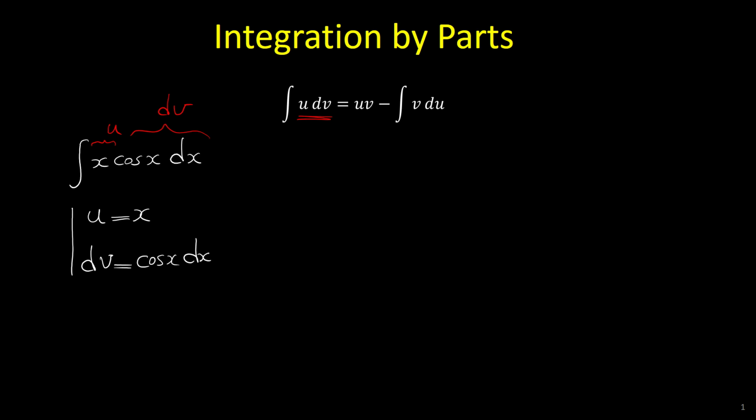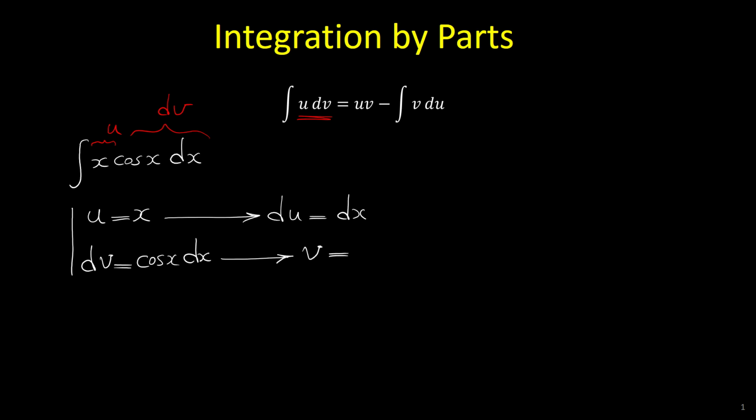A part of the integral should be u and the other part dv. After we choose u and dv, we have to find du, which is derivative of x, 1, times dx. So du is dx.